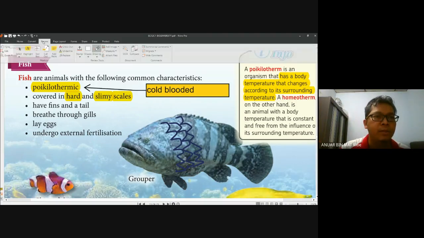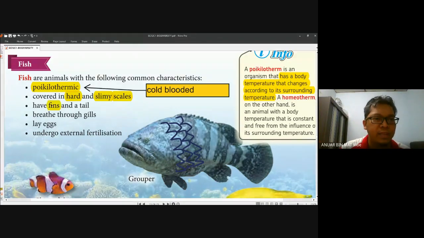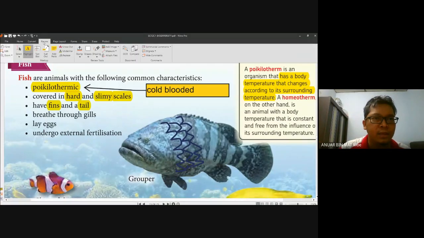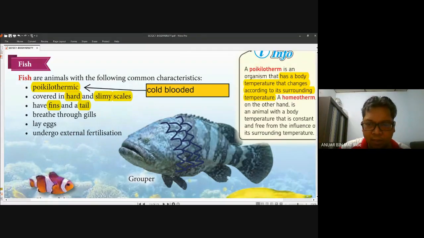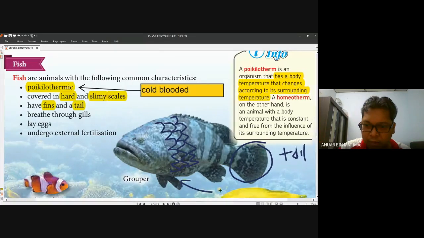Right? So the next one is that it has fins and a tail. So this is the fin. This is the tail. And then this is the fin.